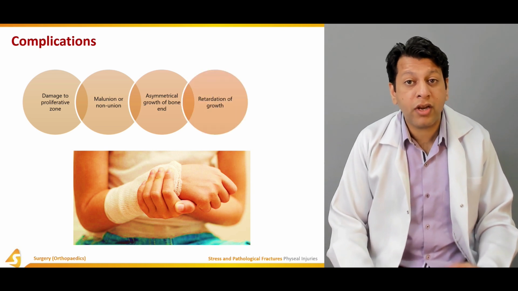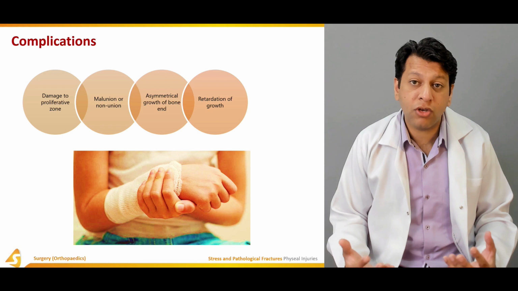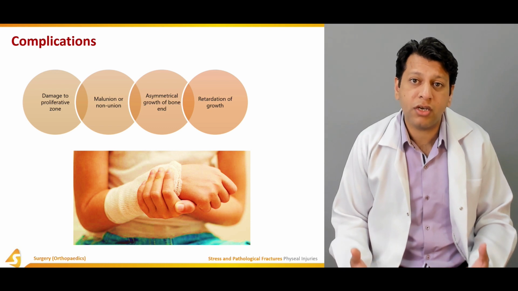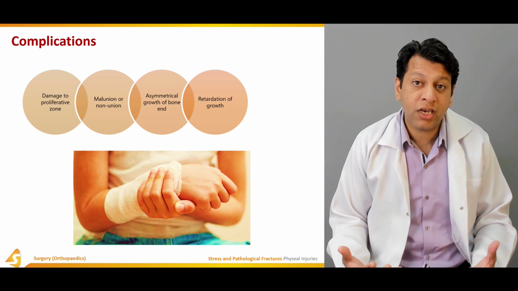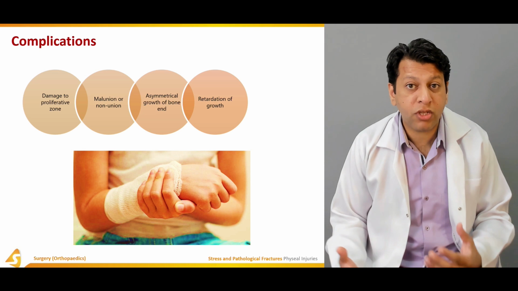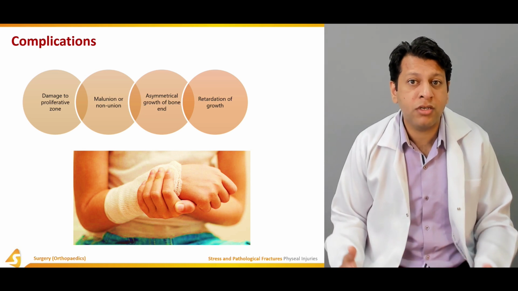Then if it is affecting the knee joint, which is in the lower limb, almost 80% of the growth occurs in the distal femur and the proximal tibia. So almost 10 mm or 1 centimeter of growth occurs at this knee joint every year.